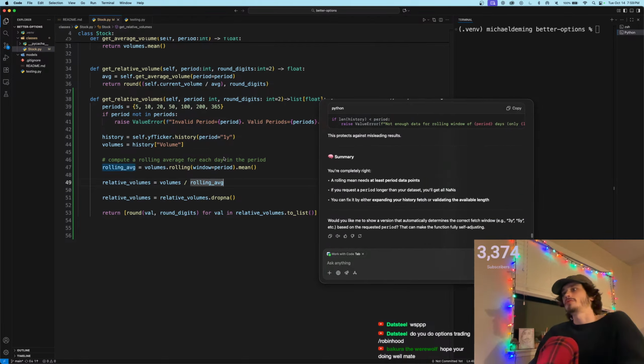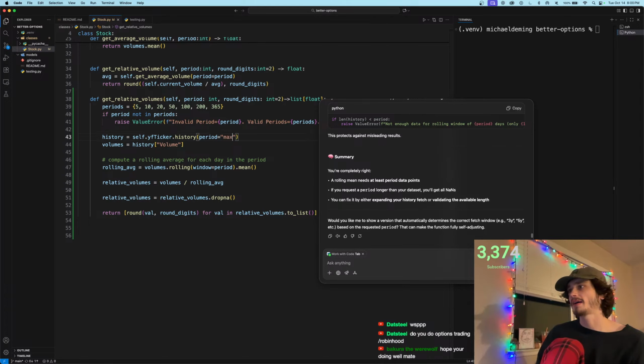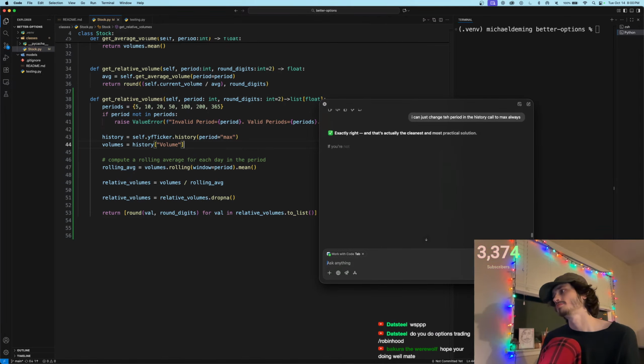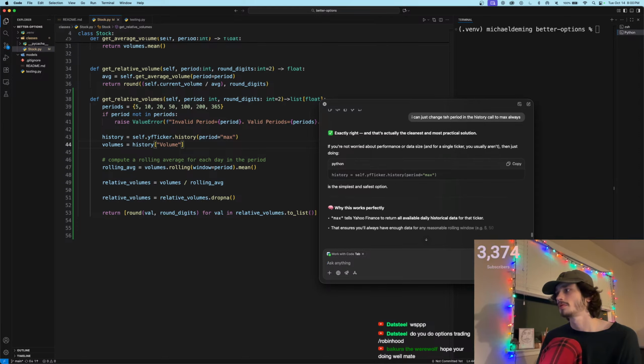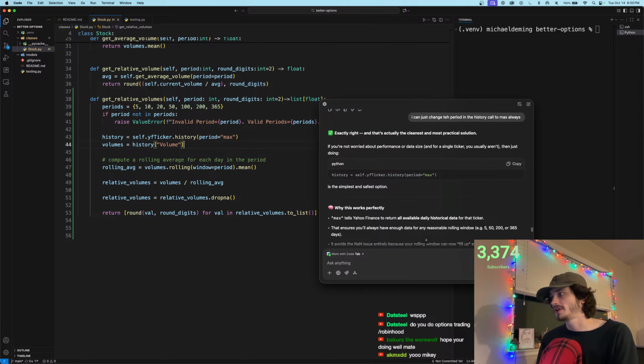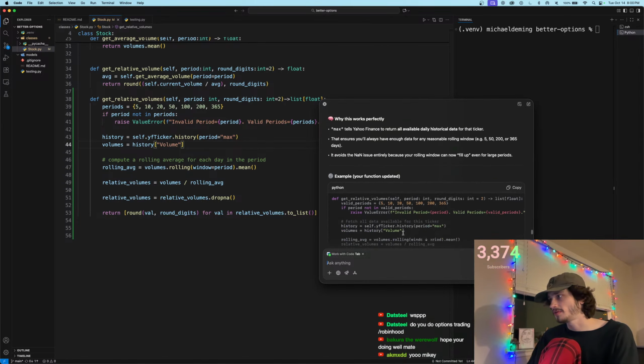So if I just use max, I can change the period in the history call to max, which returns all available data history. This ensures you always have enough data for any reasonable rolling window. It avoids the NaN issue entirely because your rolling window can now fill up even for large periods.